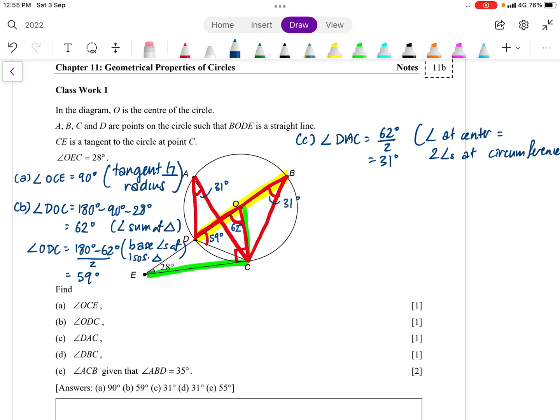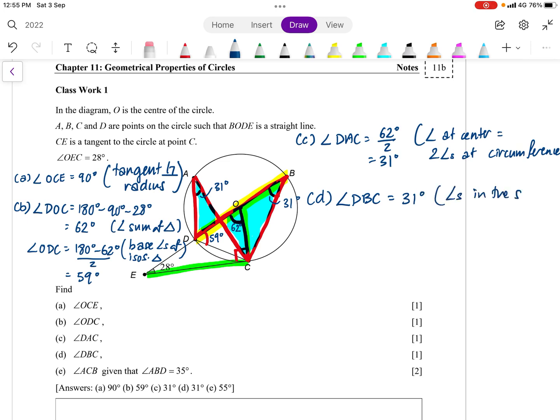Another way of seeing it is if you can see the butterfly. Let me shade the butterfly in blue. Can you see the butterfly? Okay, if you can see the butterfly wings, that means you use the reason of angles in the same segment. So whichever you want, you can write down the reason. I will choose angles in the same segment. DBC equals to 31 degrees as well.